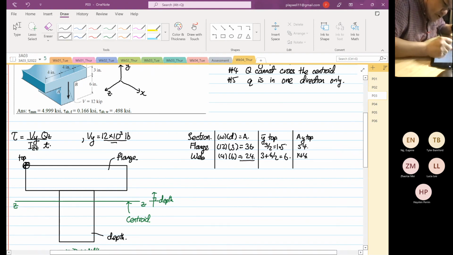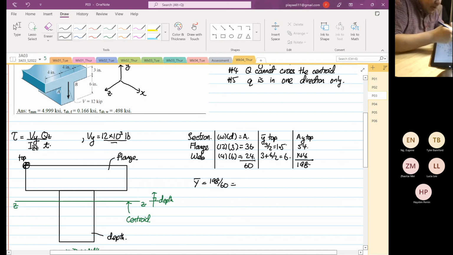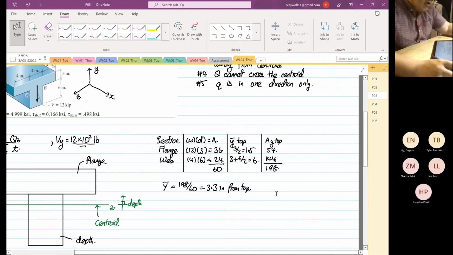So 36 plus 24 is equal to 60. 144 plus 54 is equal to 198. So the y bar is equal to 198 over 60. It's equal to 3.3 inches from top.